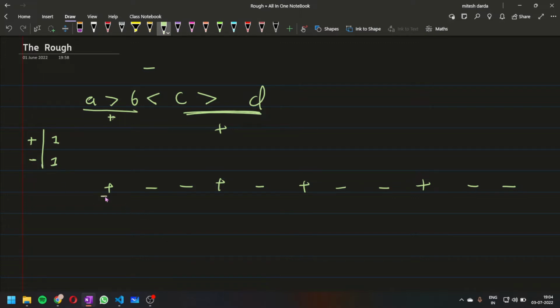Also, this positive value is obtained from subtracting two numbers, and this negative is also obtained from subtracting two numbers, but a number could be common between both of these values.